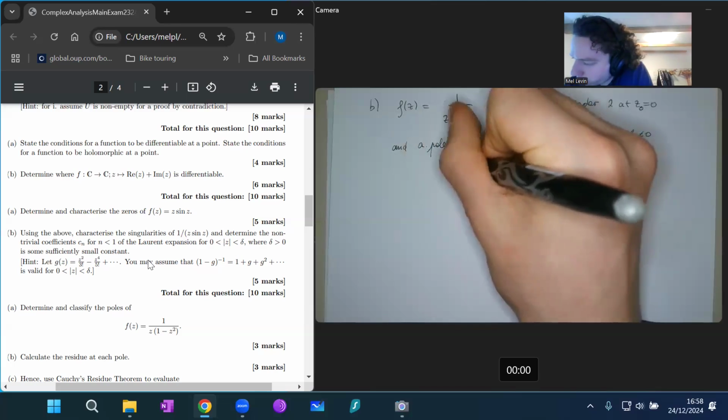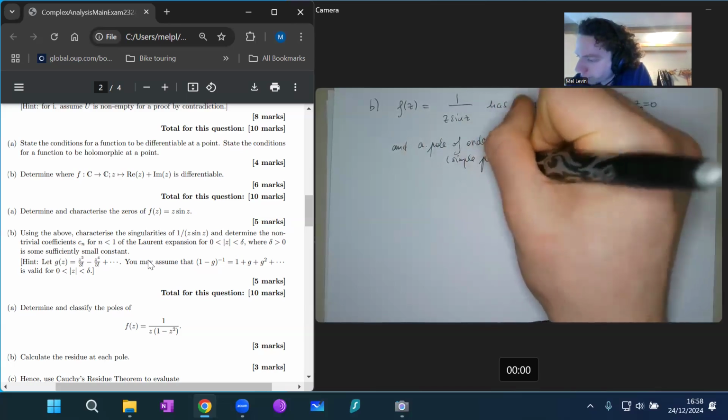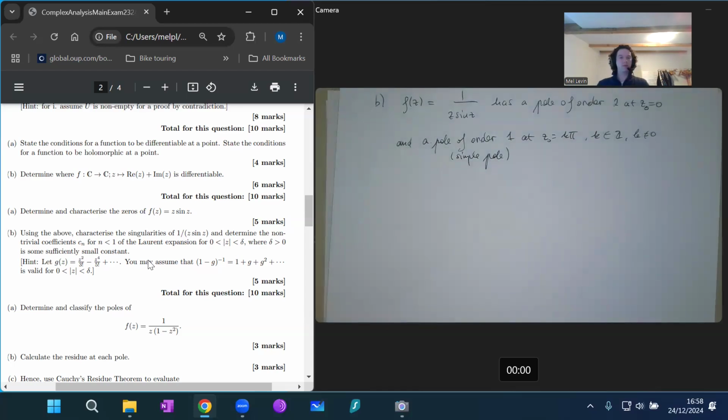By the way, poles of order 1 we call simple poles. So we've characterized the types of singularities: a pole of order 2 at 0, a pole of order 1 at other multiples of pi.